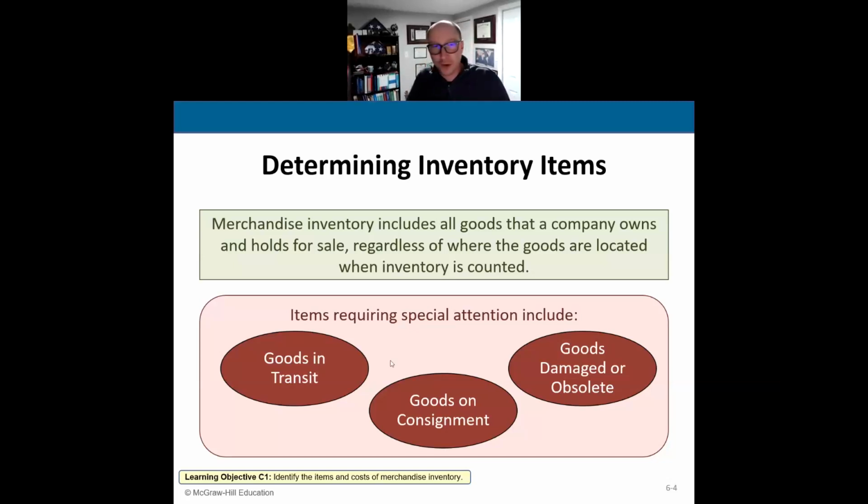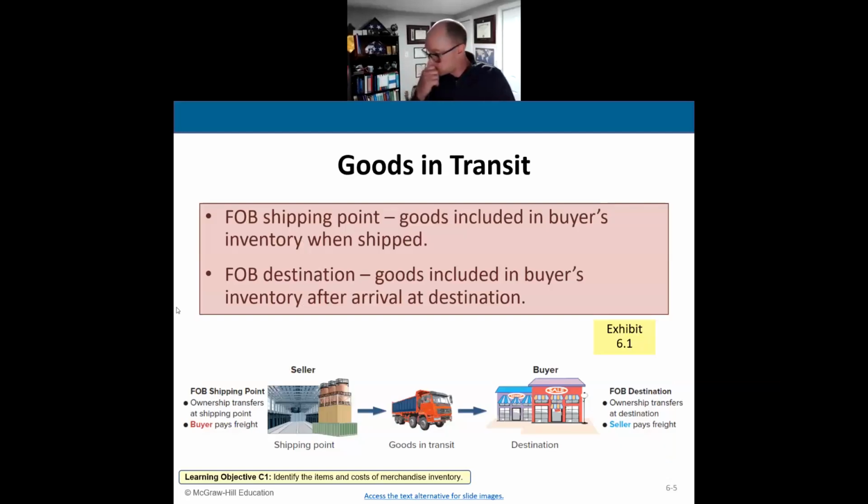Yeah. Very good. Cool. So just like we talked about last week, free on board shipping point means that the goods are included in the buyer's inventory when they are shipped. In other words, free on board shipping point means that the buyer is responsible for the goods while they're in transit.